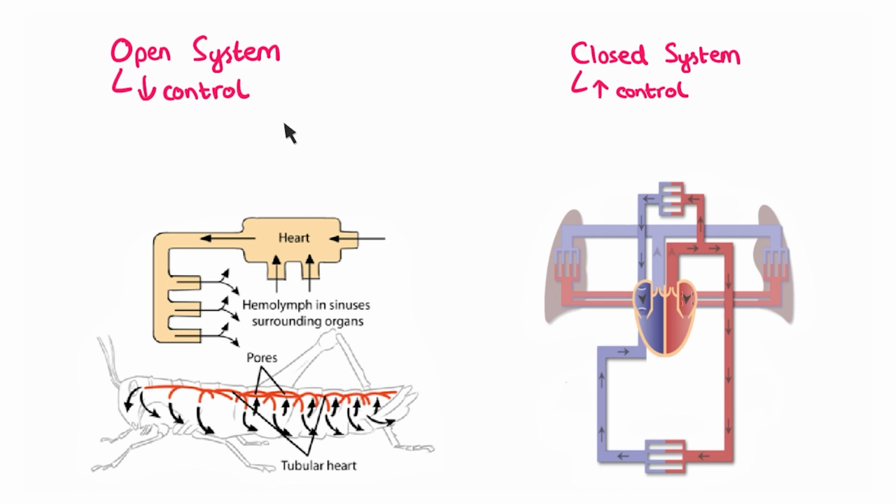As you can see, in the open system, the organs are directly bathed by the hemolymph, but in the closed system, the blood is moving within blood vessels. This way, the oxygenated and deoxygenated blood are kept separate and don't mix with each other, making the closed system more efficient. With that, we have reached the end of this lesson.